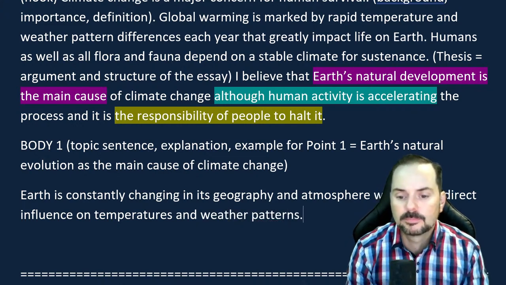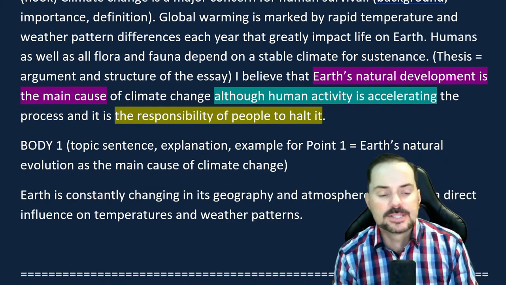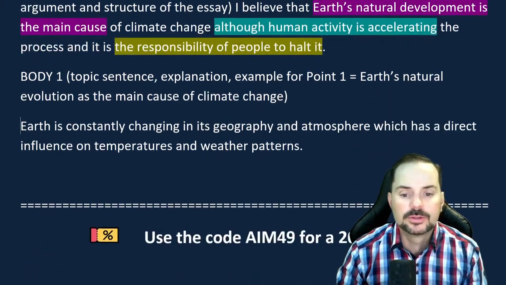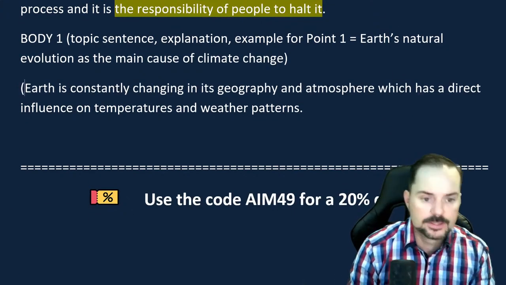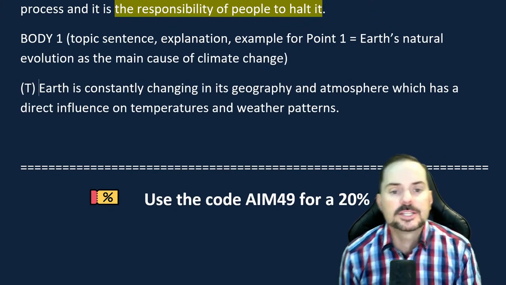Okay. All right, so that's my topic sentence. I'm just going to write a little T here. So you know that that's my topic sentence, and that's my deeper definition.